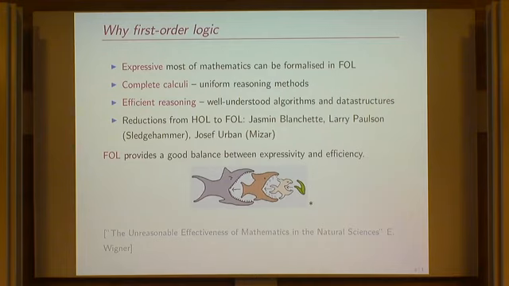Okay, so of course there is a lot of skepticism about why these generic uniform reasoning methods would be efficient for such complicated problems like mathematics and so on. But I think the case in hand, for example, SAT solvers: in previous weeks we saw talks showing SAT solvers were used to solve open mathematical problems, like Pythagorean triples or the Erdős discrepancy problem.